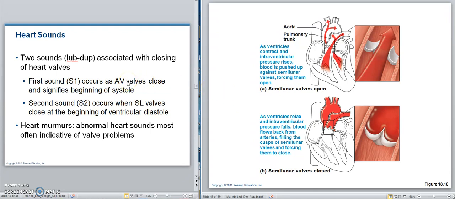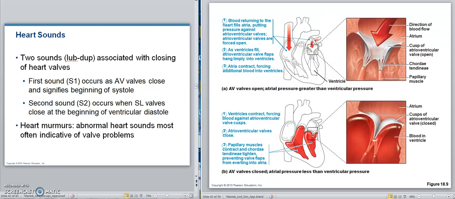Now, the first heart sound, let's go back, because we're dealing with resolution now, resolution in audiology. That means how close can two sounds be put together and you can still say there are two sounds. So the first heart sound is due to the closure of the tricuspid and the mitral.